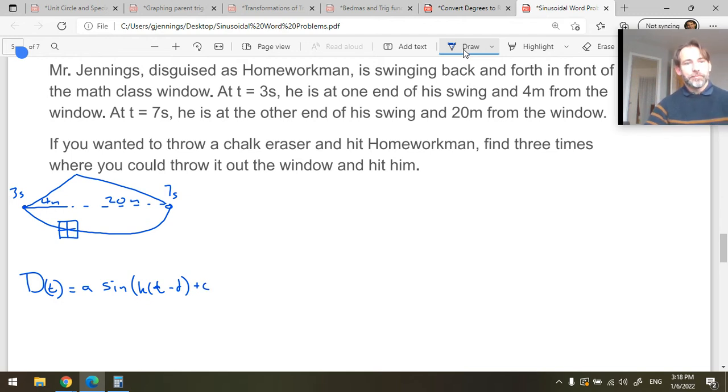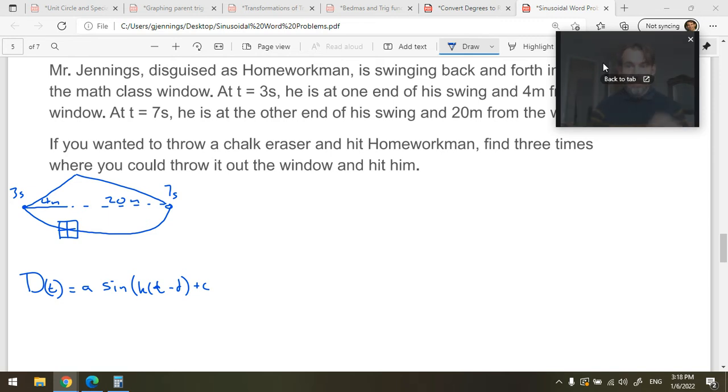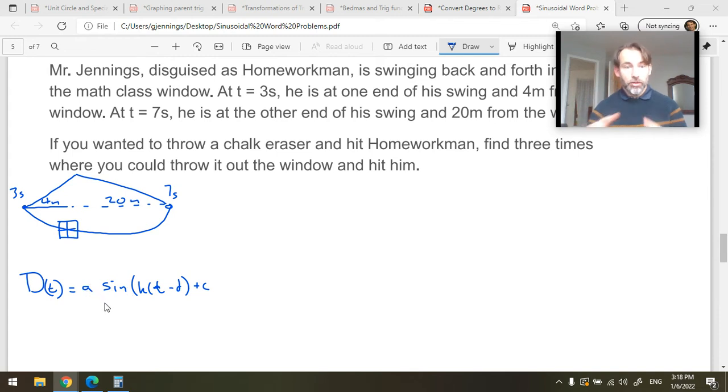Okay, so let's take a look at what all these mean. A is going to be the amplitude. Here I'm 4 meters away. There I'm 20 meters away. So we're going to call this negative distance and this positive distance. Otherwise, it gets really kooky. Okay, so the total spread in distances is 24.